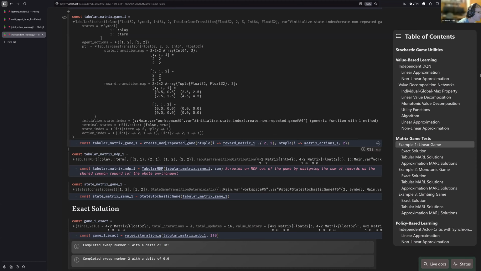The way I've created this game, I'm taking the reward matrix, dividing it by 2, and then just assigning that same exact reward matrix to each agent. But I'm dividing it by 2 because when I do VDN later, I'm going to take the sum of the agent rewards, right? So it's going to be equivalent to the common reward case.